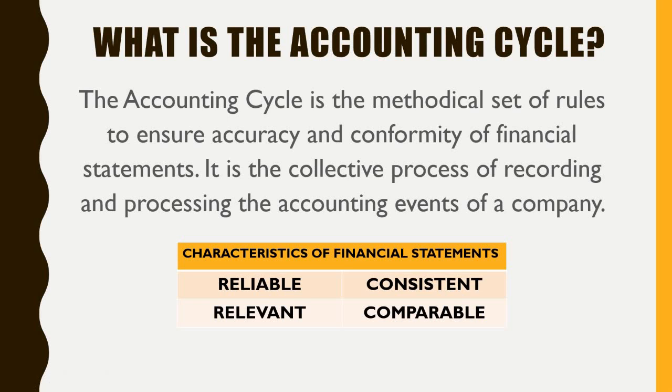Oh, my bad. Yes, 2 R's and 2 C's. No, you're right. Thank you. 2 R's and 2 C's, total of 4. These are the 4 characteristics that, once again, make it a lot easier if you're able to make sure that these characteristics are on point.